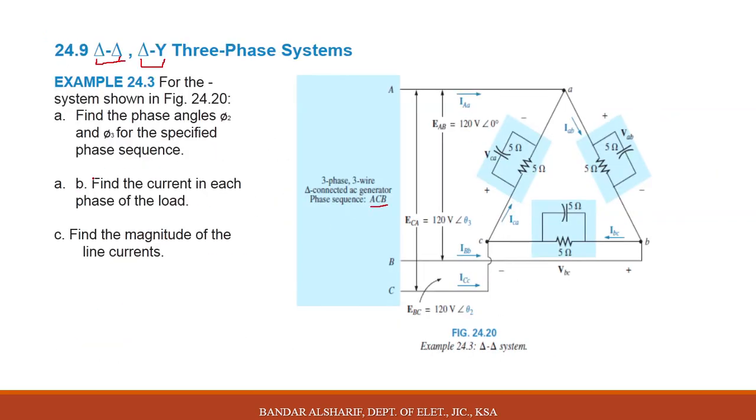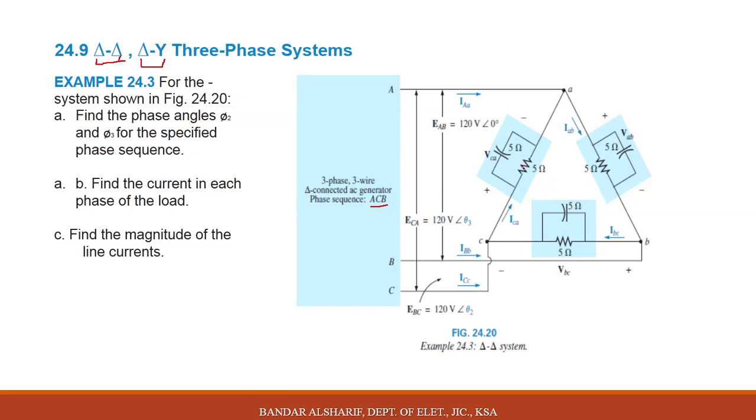Okay, for part B, find the current in each phase of the load. We need to find the phase currents, which are IAB small, IBC small, ICA small. How to find this? We need to find the phase voltage across each impedance, and then divide this voltage by the impedance. You can see here the resistor is parallel with the capacitor.